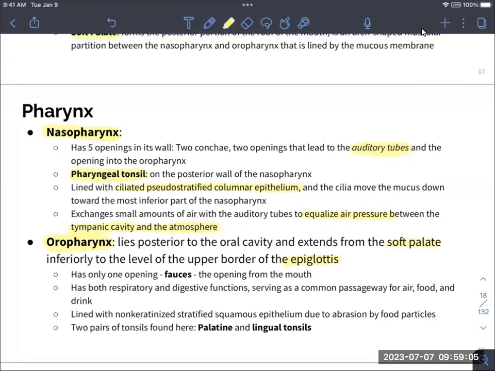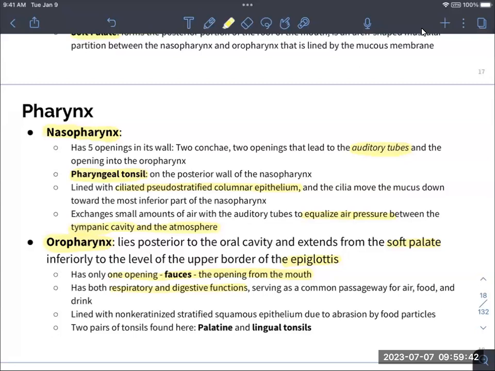It closes to cover up the trachea anytime you're swallowing something, so water or any kind of liquid or food does not go down that trachea. The oropharynx only has one opening, which is your mouth. But it also has respiratory functions just like it has digestive functions, because we can breathe in and out through our mouth just like we do with our nose.